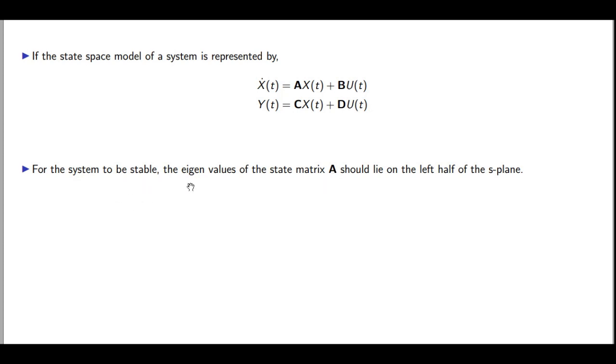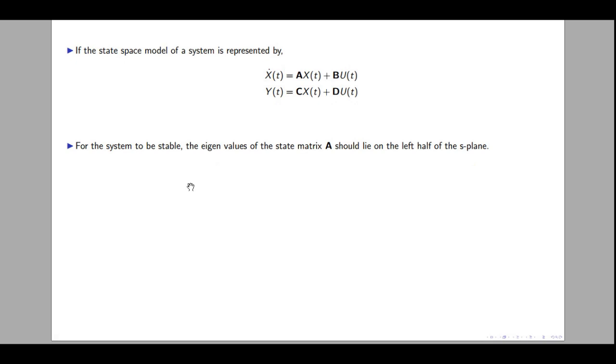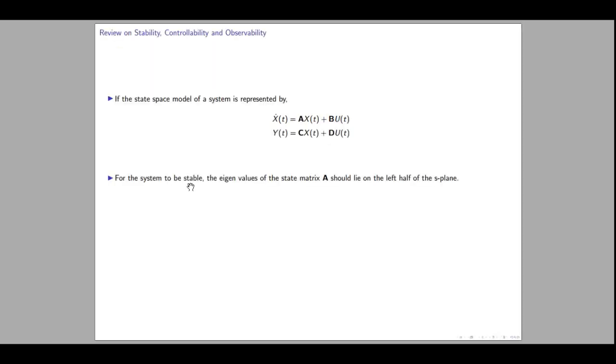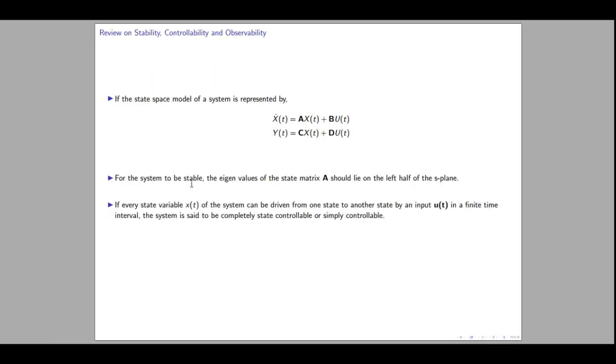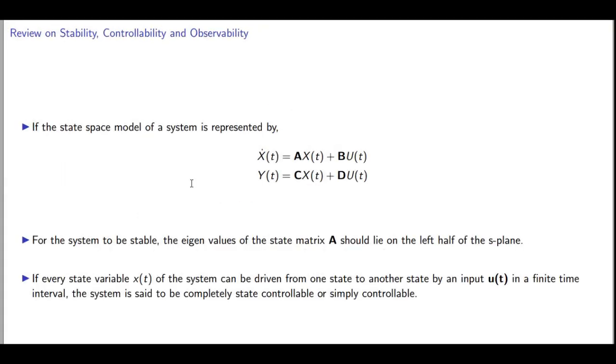For the system to be stable, the eigenvalues have to lie on the left of the S plane. If any of the poles lie on the right of the S plane, then the system is unstable. And if any of the pole is lying on the imaginary axis, then the system is marginally stable.